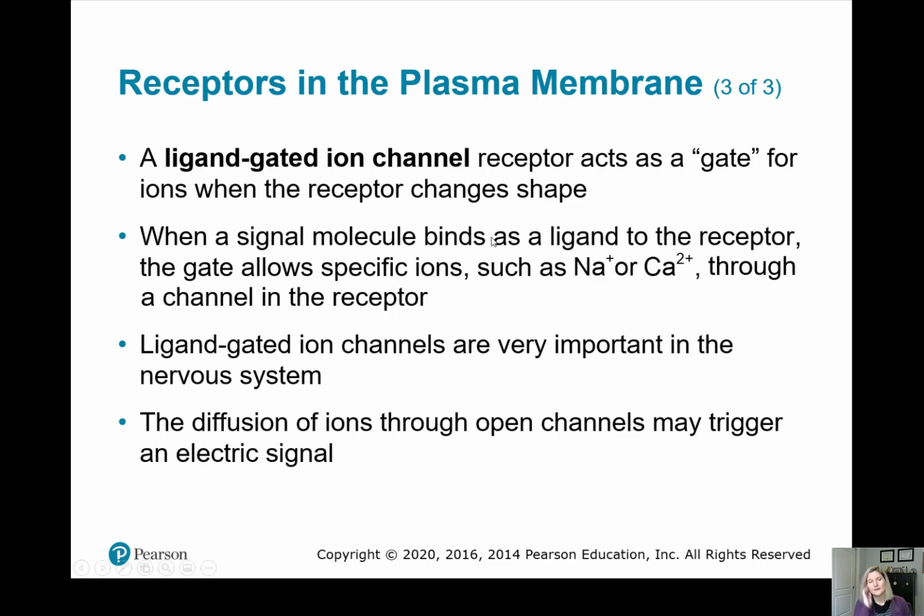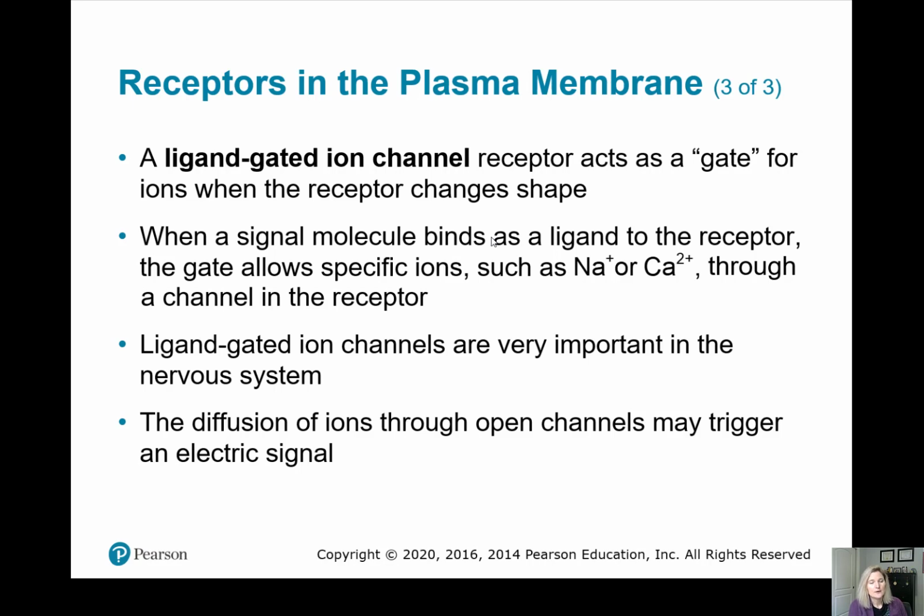Okay. And then the ligand-gated ion channel, that's the one that was introduced in the Amoeba Sisters video. When the ligand is bound to the ion channel protein, it's going to open the gate. So that protein will change its shape to allow specific ions to enter the cell.